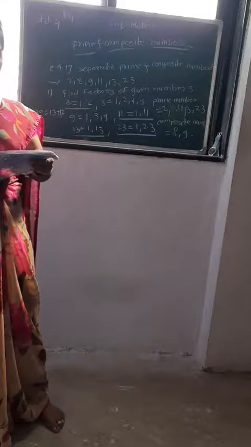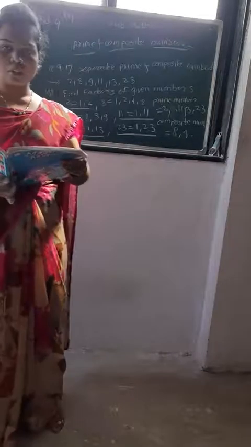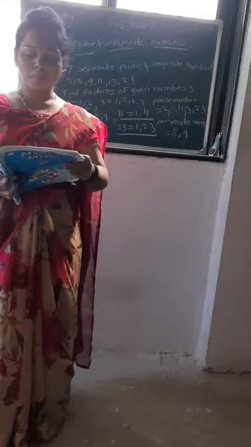Factors of 9 are 1, 3 and 9. Since 9 has more than 2 factors, it is not a prime number, it is a composite number. And 25 plus 6 is equal to 31. 31 is a prime number. 31 has only 2 factors.